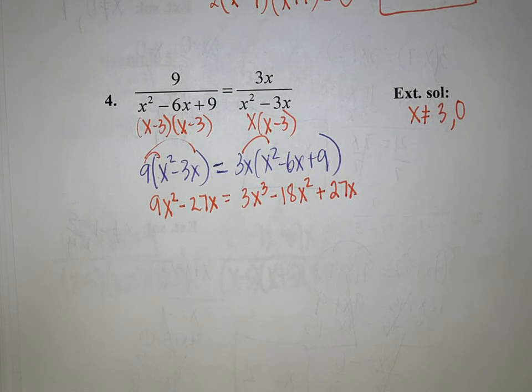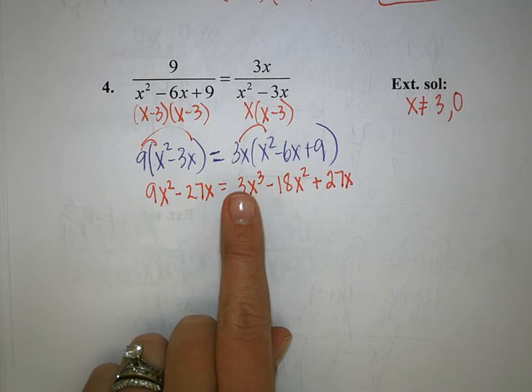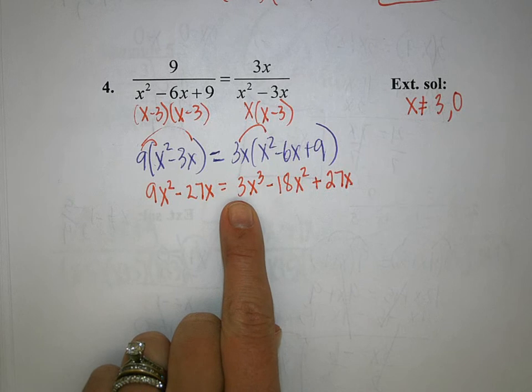Are we good? Which way will I want to move everything? To the right. That and your highest exponent has to be a positive number. So highest exponent is x cubed, so we want that number to be positive, and it is right now.